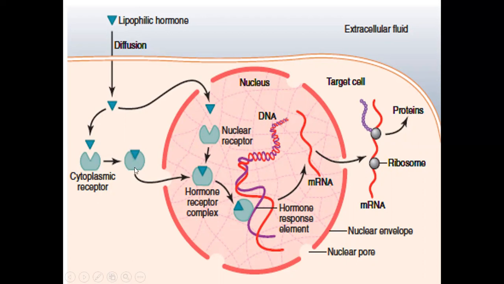This hormone receptor complex is in turn the effector molecule, causing the physiological effect of that particular hormone. Or it may bind to its receptor on the nucleus, forming a hormone receptor complex which serves as the second messenger or the effector molecule, resulting in a physiological effect.